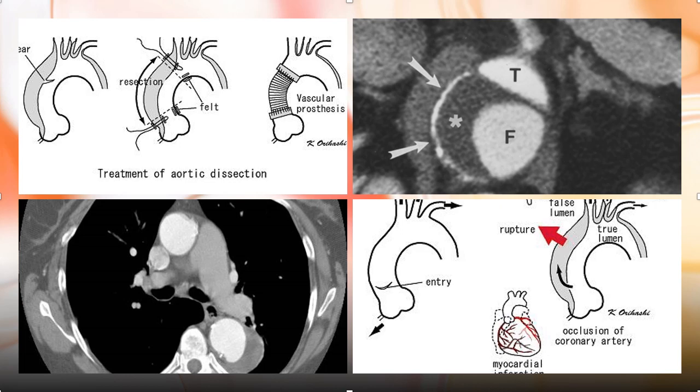If it affects the mesenteric artery or renal artery, it will induce intestinal ischemia or acute renal failure. If perforation happens, the patient will be shocked. So we have to be careful, and immediate diagnosis is mandatory for such patients.